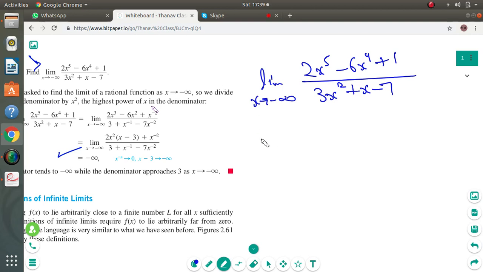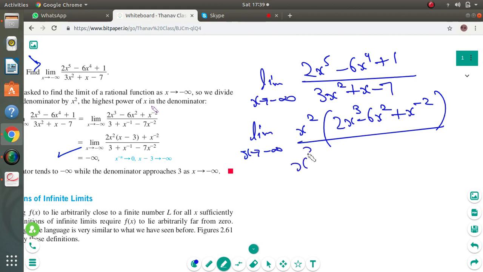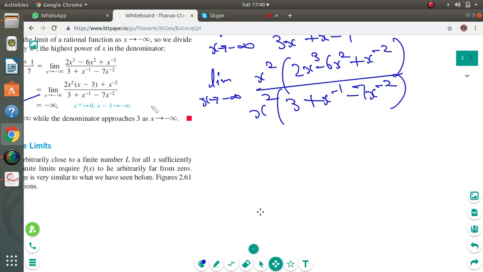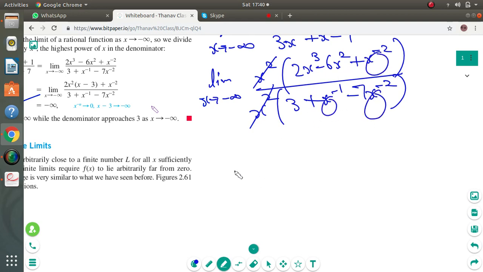Here we have x^2 common, so it would be (2x^3 - 6x^2 + x^-2) divided by x^2 common, so 3 + x^-1 - 7x^-2. The terms with negative powers come out to be 0, and the remaining term is 2 times minus infinity cubed minus 6 times minus infinity squared. That comes out to be minus infinity, which is the answer.